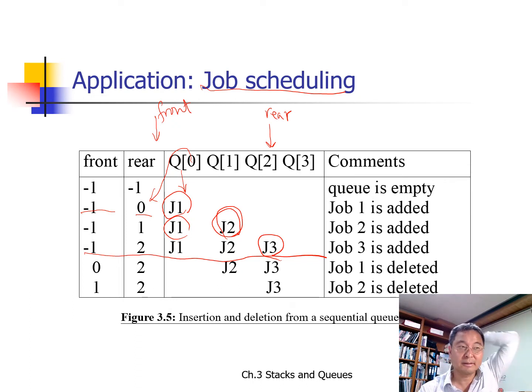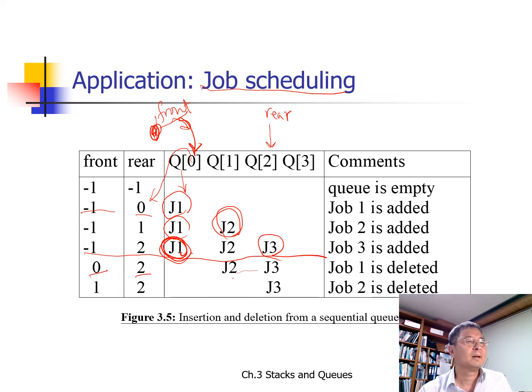But if one job is deleted, then which job will be deleted? The first job will be deleted. J1 will be deleted, and then front will move to point to this one. So 0 means this one, and the 2 is not changing at the moment.